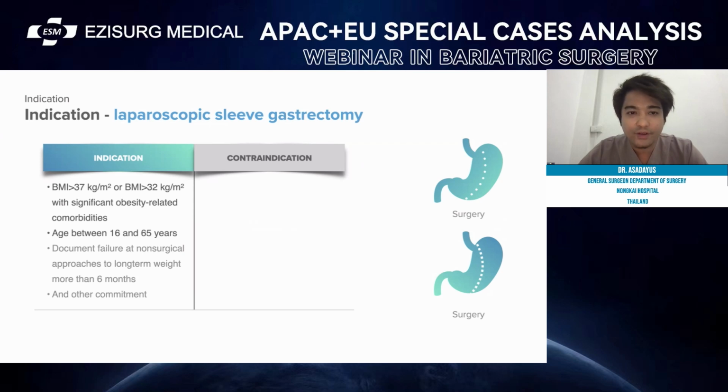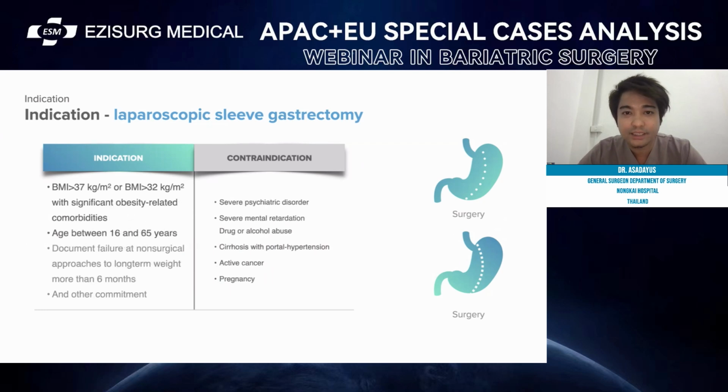There must be documented failure of a non-surgical approach to long-term weight loss of more than 6 months, and commitment between the multidisciplinary team, the patient, and the doctor. The contraindications are severe psychosis, severe mental retardation, drug or alcohol abuse, portal hypertension, active cancer, and pregnancy.